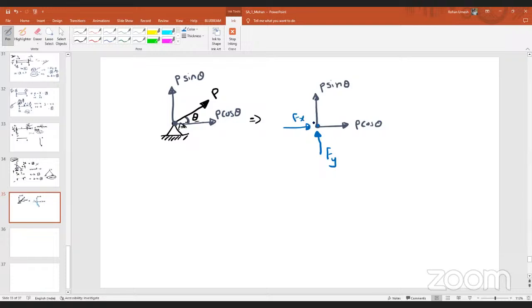If this is in equilibrium, then obviously it has to satisfy the equilibrium equations, right? So how many equilibrium equations do we have to consider here? Do we have to consider summation Fy equal to 0, summation Fx equal to 0, or summation of moment z equal to 0? Do we have to consider these 3 equations, or can we omit any one?